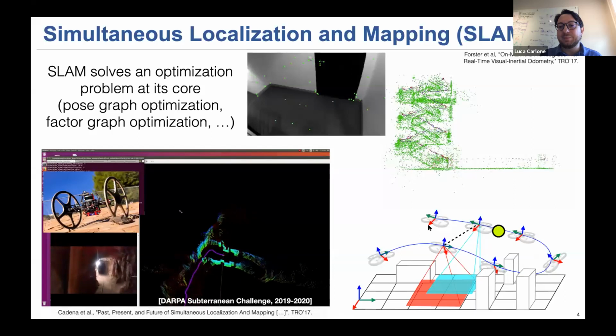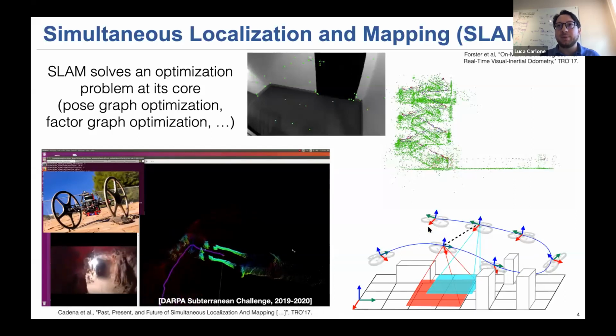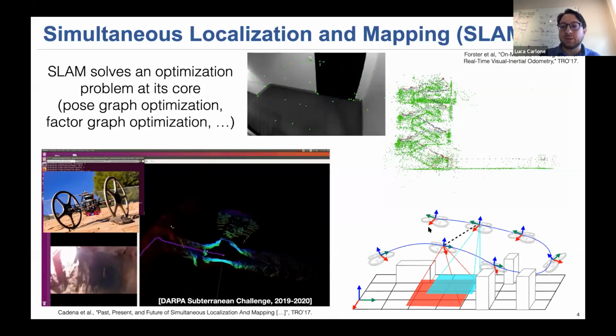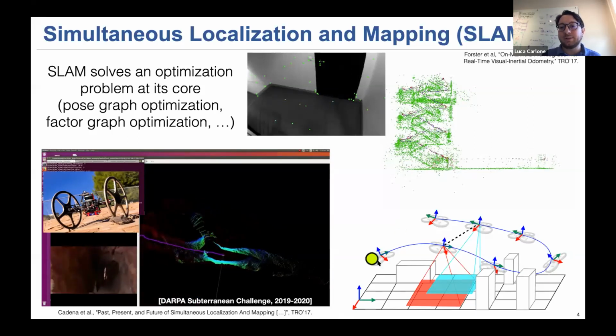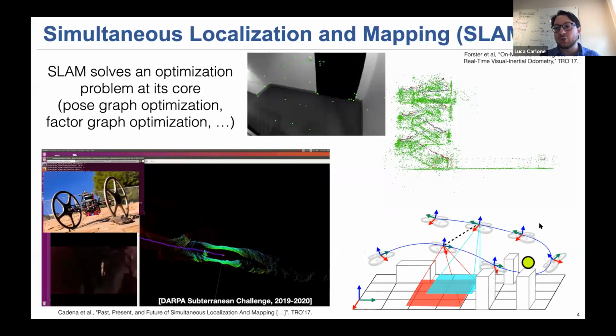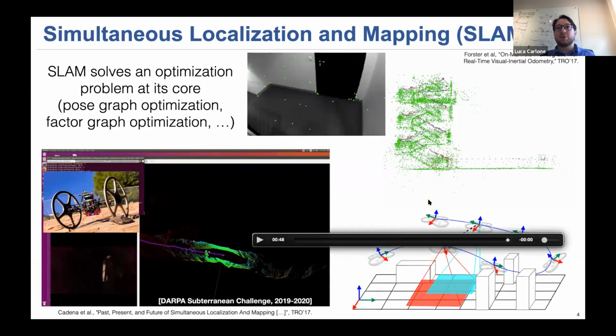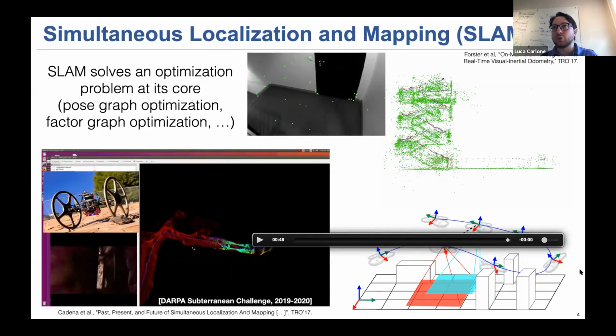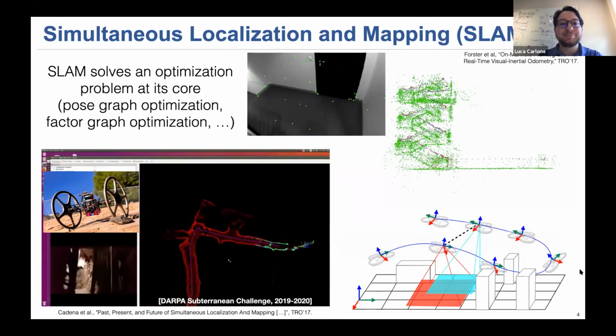In SLAM, the robot is moving in a completely unknown environment, and what you want to do is to process sensor data to figure out its own trajectory, from time 0 to the current location of the robot. And typically after you figure out the trajectory, it's fairly easy to do a 3D reconstruction of the environment, which is the mapping part.